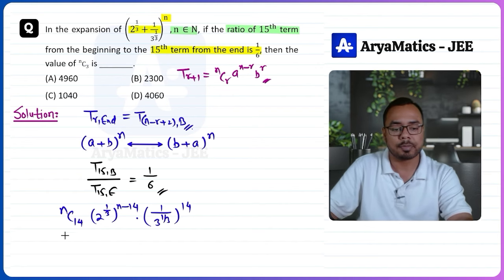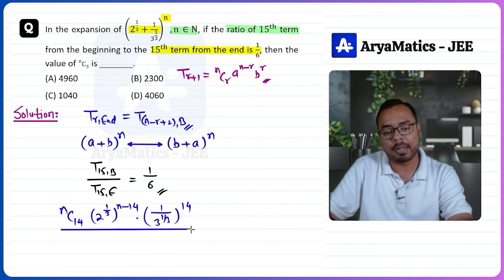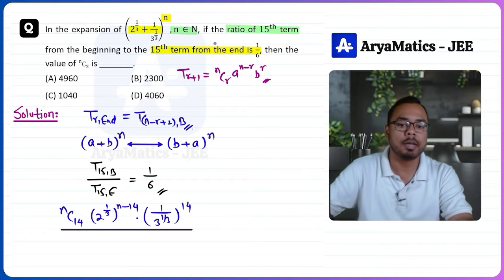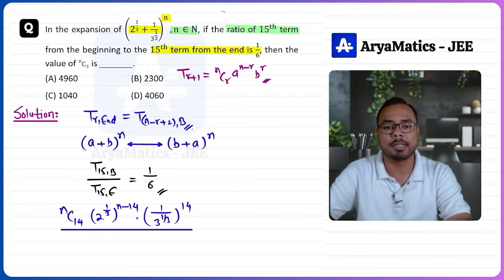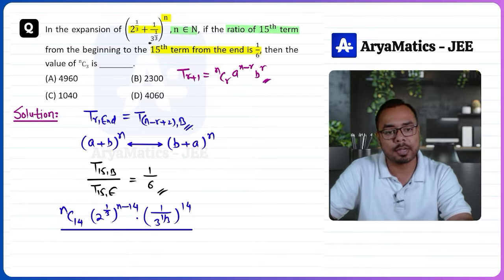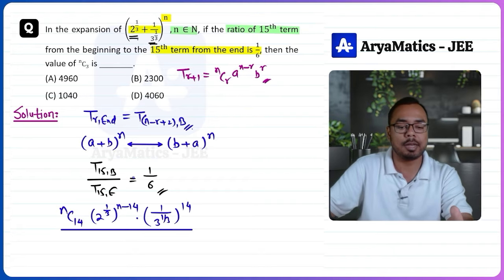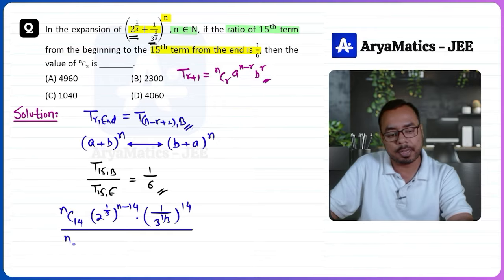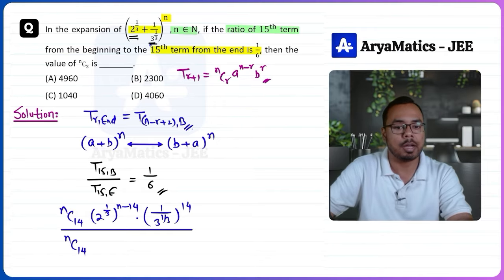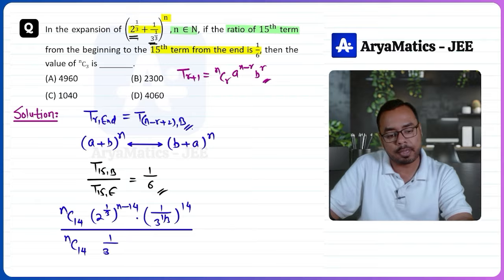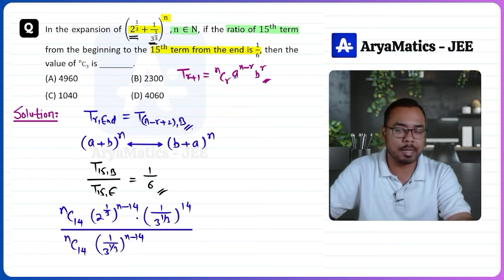Similarly, if I need the 15th term from the end, we will just interchange these two. The first term will become (1/3)^(1/3), and 2^(1/3) will become the second term. So T15 from the end will be nC14, and now the first term is (1/3)^(1/3) raised to n - 14, since it is nCr a^(n-r) b^r.